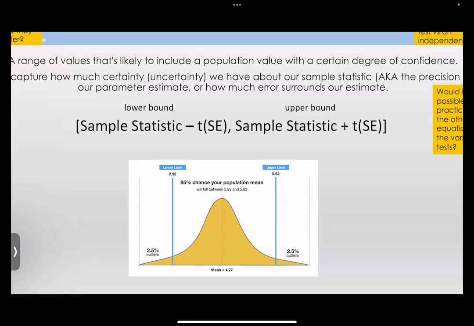It's the what in our T formula? Yeah, it's the effect, it's the top, right? So it's our mean difference or our difference between the two means if it's an independent test. It's whatever effect we found. That's our best estimate of the population. But then we're going to create a range of values around that middle that are potential alternatives for the actual real population parameter.